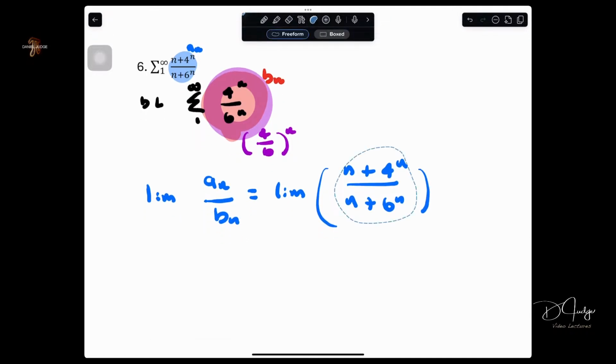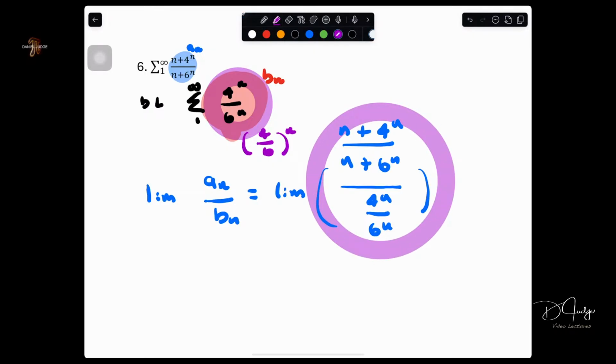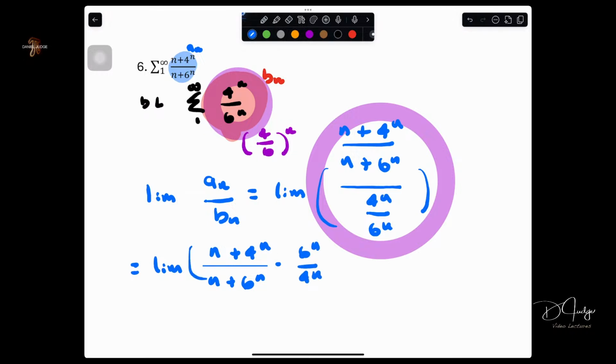And I guess let's divide by 4 to the n over 6 to the n. So we're going to do some algebra over here. And what that means is we take the limit now of n plus 4 to the n over n plus 6 to the n times now 6 to the n over 4 to the n here.